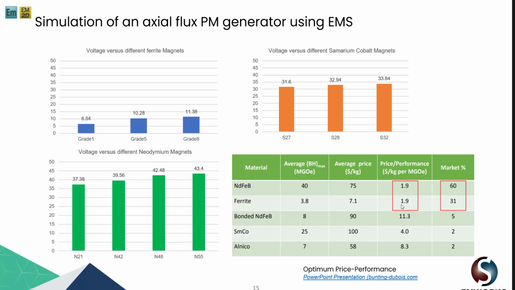So even though the neodymium magnets give you higher output, it's not necessarily your best choice because of the weight and the price. So these are very relevant design conclusions arrived at using EMS.